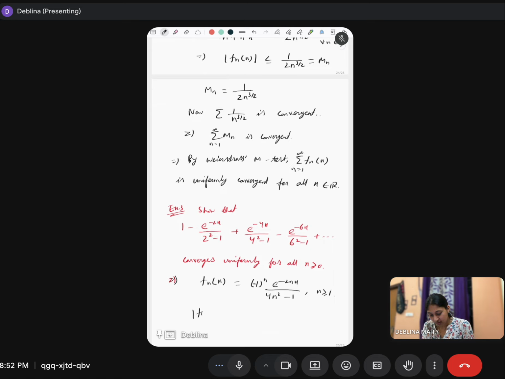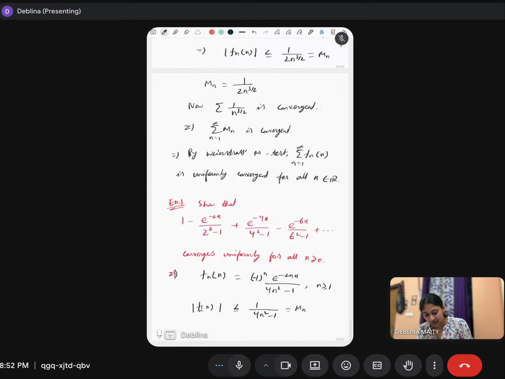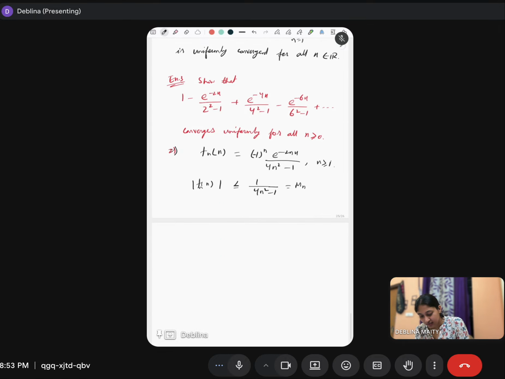So mod f_n(x) is less than or equal to, since e to the power minus something is less than 1, 1 by 4n square minus 1, and this is our M_n. And this summation M_n will be convergent, because there is n square, right?